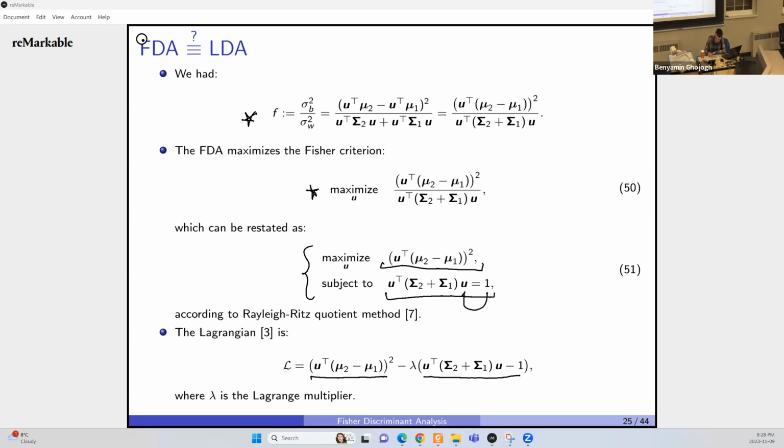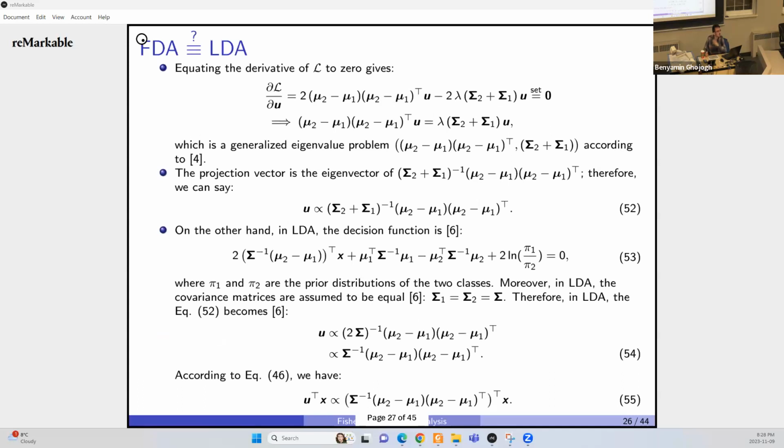I bring one to the other side. Lambda is a Lagrange multiplier or dual variable, right? What should we do? Take the derivative of the Lagrangian with respect to the optimization variable and set it to 0. You do that, then these two 2's cancel each other, you will get this. What is this? This is a generalized eigenvalue problem. Recall preliminaries.